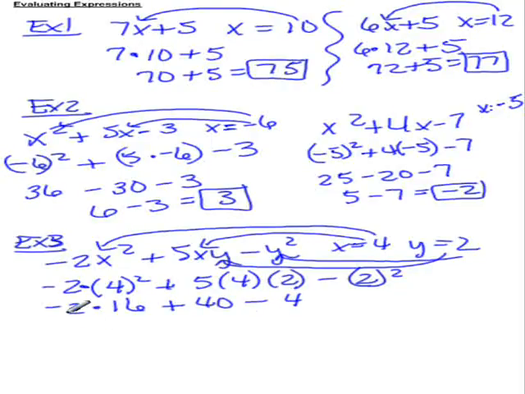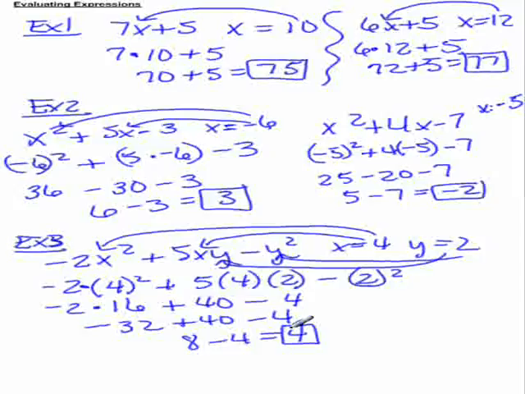So negative 2 times 16 is a negative 32 plus 40 minus 4. Negative 32 plus 40 is really 40 take away 32, but you can put this in your calculator. That's why we stress that you really need calculators. And that's going to be 8, and 8 minus 4 is 4.